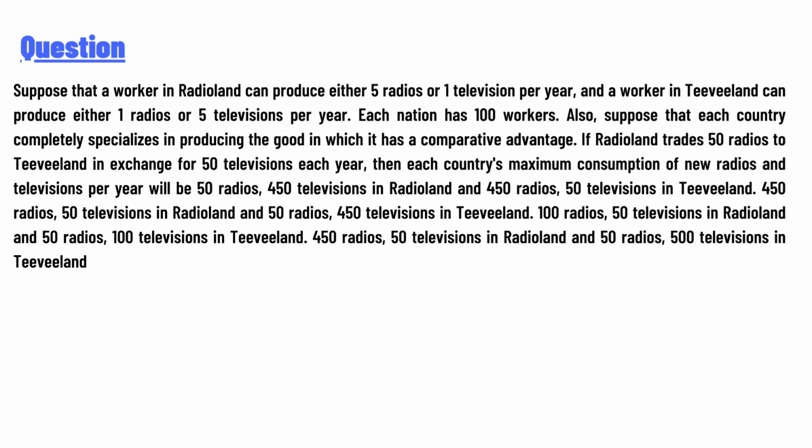If Radioland trades 50 radios to Teeveeland in exchange for 50 televisions each year, then each country's maximum consumption of new radios and televisions per year will be: 50 radios and 50 televisions in Radioland, and 450 radios and 50 televisions in Teeveeland; or 450 radios and 50 televisions in Radioland, and 50 radios and 50 televisions in Teeveeland; or 100 radios and 50 televisions in Radioland, and 50 radios and 100 televisions in Teeveeland; or 50 radios and 50 televisions in Radioland, and 50 radios and 500 televisions in Teeveeland.